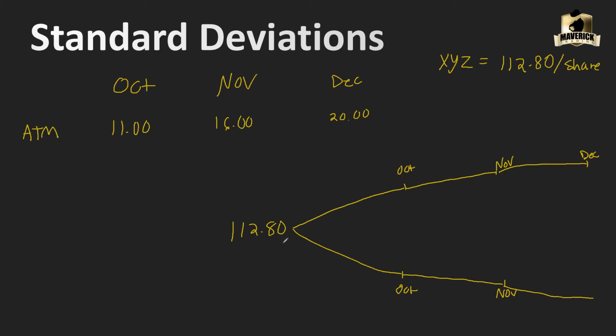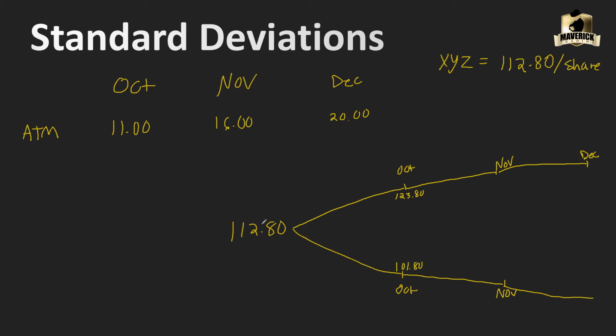This would say, okay, 11 added to 112.80 would give us the top of the probability cone. So that should be 123.80, if I'm doing that right in my head. And 11 subtracted from that would be 101.80, I think, the bottom of that, right?